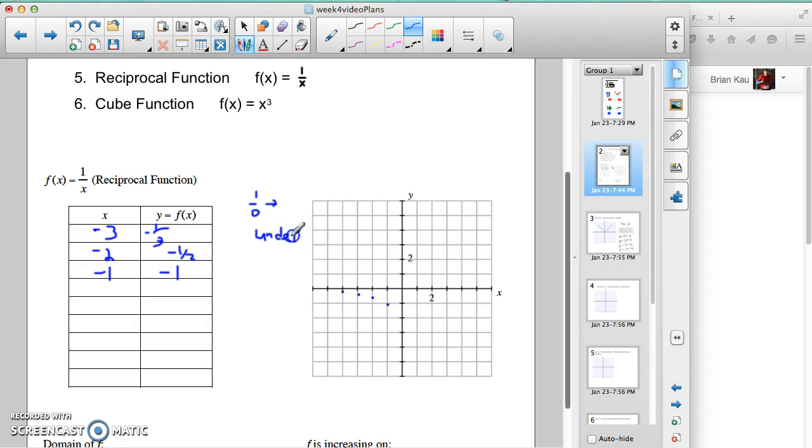That means we have to skip that value in our table. But I want to see what happens when we get a little closer, like if we get -1/2. We take the reciprocal of that, which is going to turn this over and make it -2. At that point, -1/2 is going to go to -2 right about here.